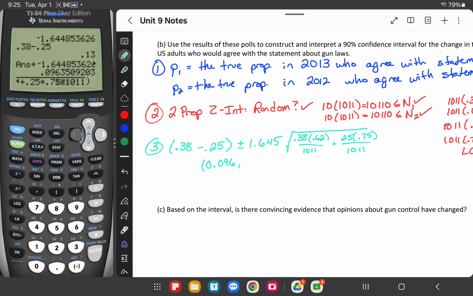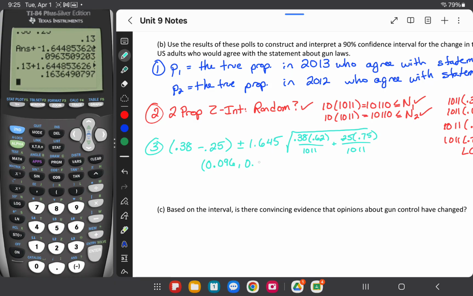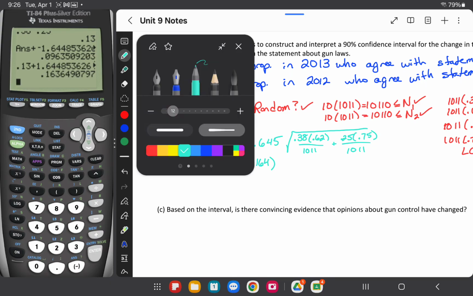So I'll just go in and change that from minus to be 0.13 plus that value. And that's going to give me the upper end of my confidence interval, which is 0.164. There would be my two ends of my confidence interval.